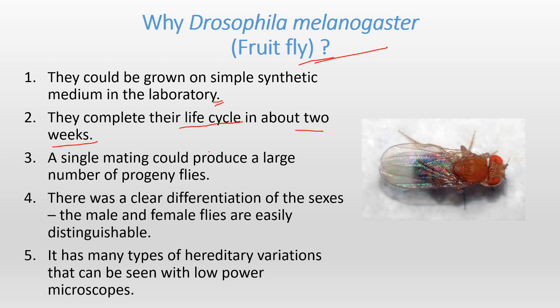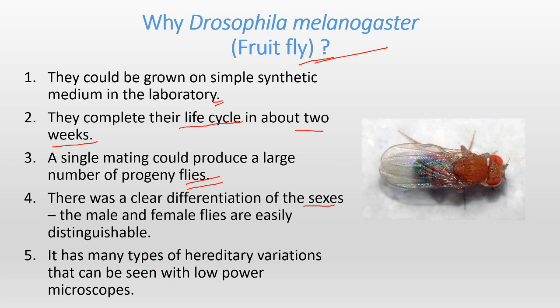The third point is that a single mating could produce a large number of progeny flies. So in a single mating, a single generation, the number of progeny we get is much better, and it is easier for us to make the studies. Another reason was a clear differentiation of the sexes, that is, the male and female flies could be easily distinguished. We'll see why it is very important to identify the male and female in this case.